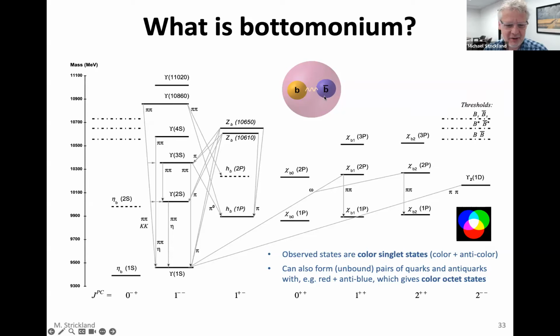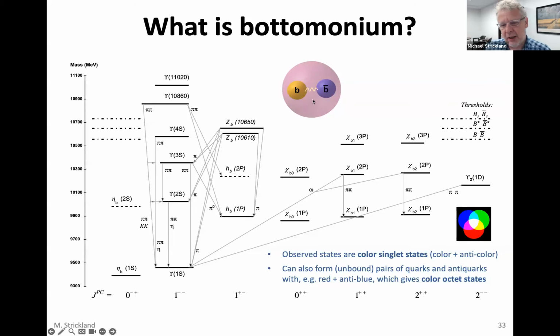As a result of this very large mass, I'll discuss this in more detail as we go, you can treat this system non-relativistically to first approximation and get a good description of the spectrum for all the states. In some sense, you can think of it as a tiny little hydrogen, kind of like muonium, but with very, very heavy muons, right?